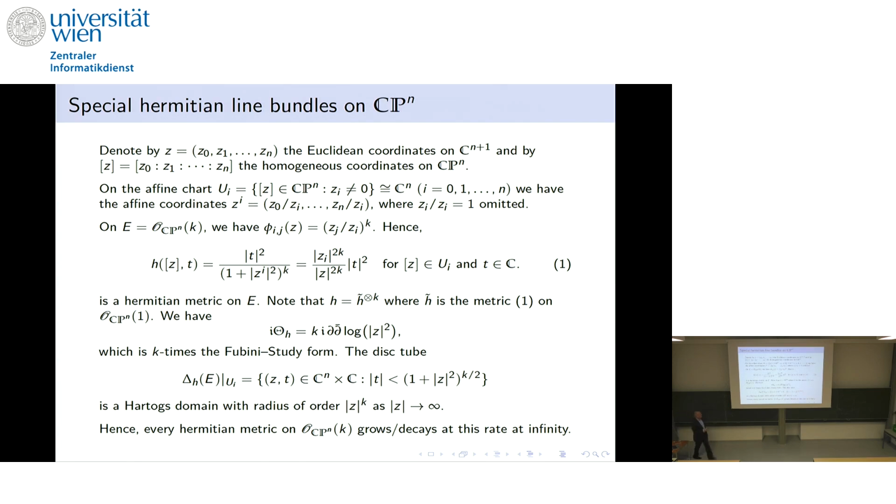So what is important here is that if k is non-negative, then these domains are Hartogs domains whose radius, if k is positive, grows. If k is negative, then it decays at infinity. But I'm looking at the case where k is positive. So the bundle looks like this in the chart.